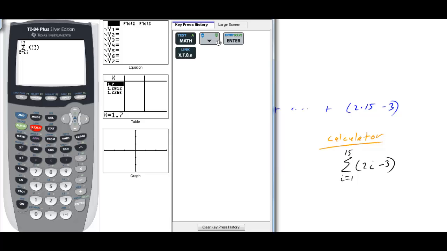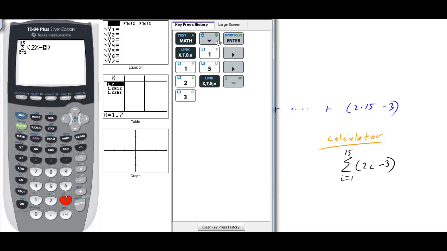So I'm going to have x equals 1, and then hit the cursor over, and the top limit is 15. Hit the cursor over, then we can type in the expression, and again, because I used x equals 1, I'm just going to simply type in 2x minus 3, and then we simply hit enter, and we get the same answer of 195.